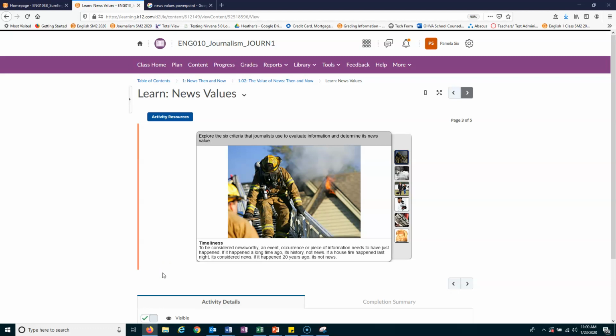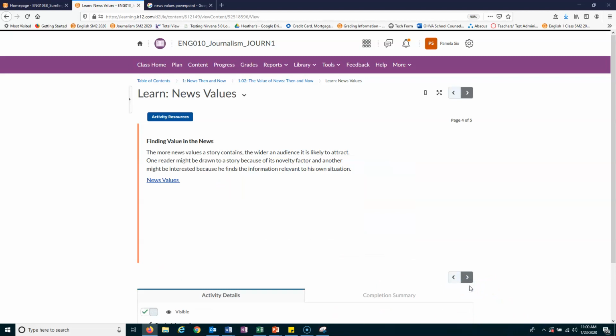A house fire that happened last night would be considered news, but if it happened 20 years ago, it's not news. Sometimes you'll hear the saying, that's old news. It's not something that is of interest to people, so people aren't going to read the article or pay attention. Timeliness is very important in journalism.